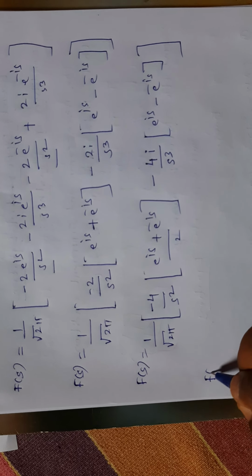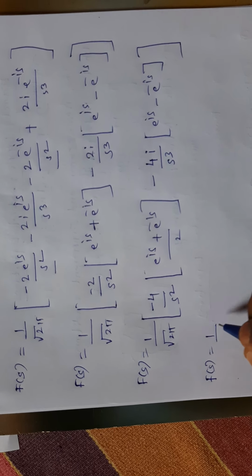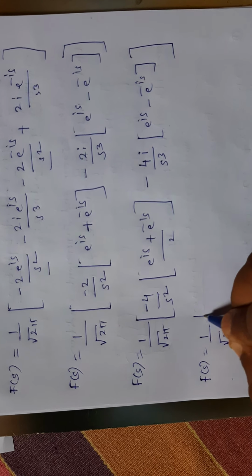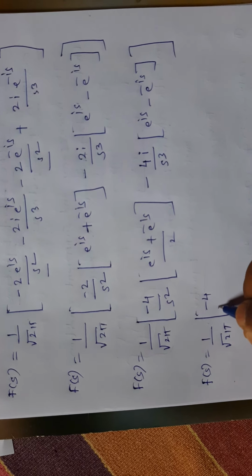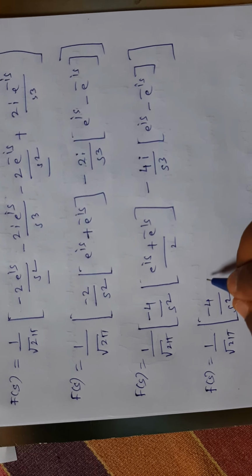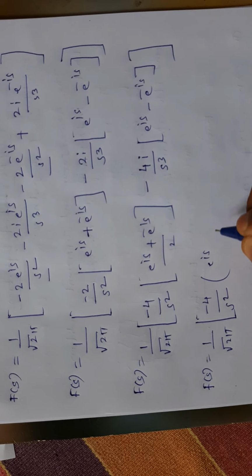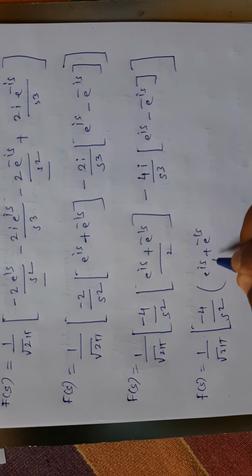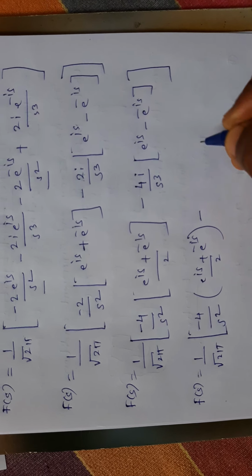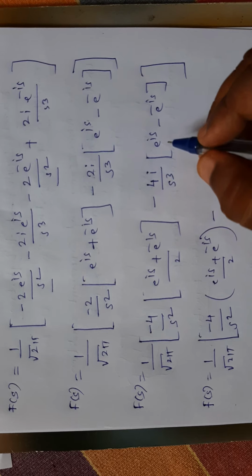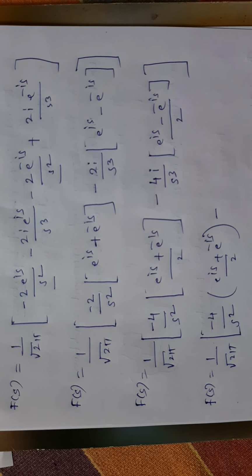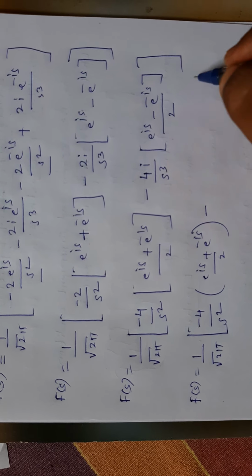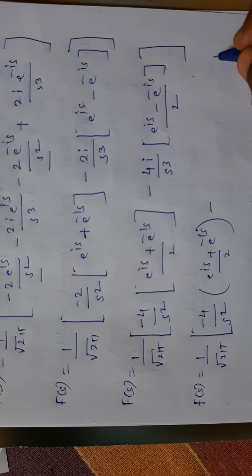Now f of s is equal to 1 upon square root of 2 upon pi. I will let this stay as it is: 4 upon s square, e raised to is plus e raised to minus is upon 2. For the other term, I will take this i to the denominator.